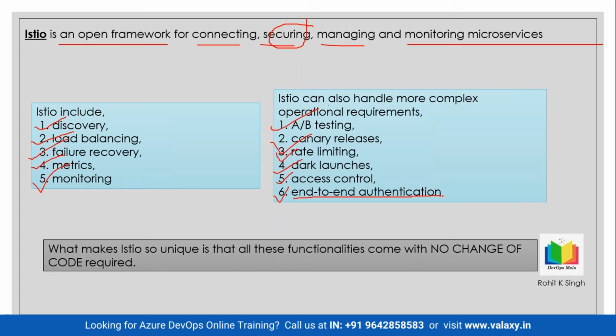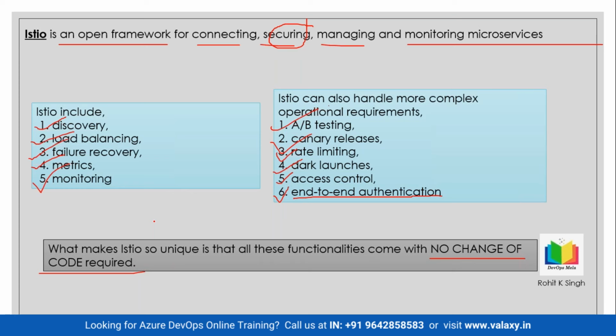The main important part with Istio, what makes Istio unique, is that there is no change in the code base. You are adding an encryption method to your application without making any changes to the code. You don't need to touch the code base or do anything as such.